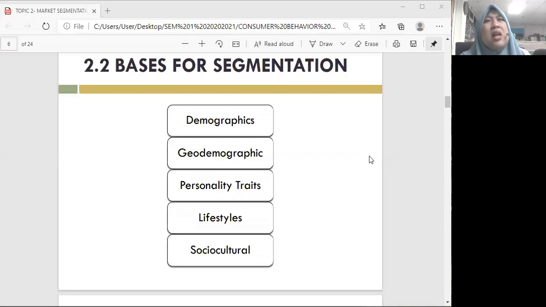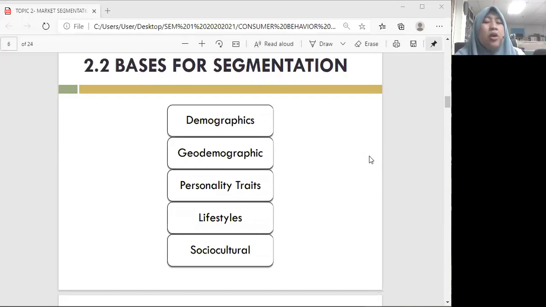And maybe the lifestyle involves sports activity, for example playing futsal, playing football, or maybe hiking. So the segmentation and all the things that you buy are mostly related to your lifestyle.